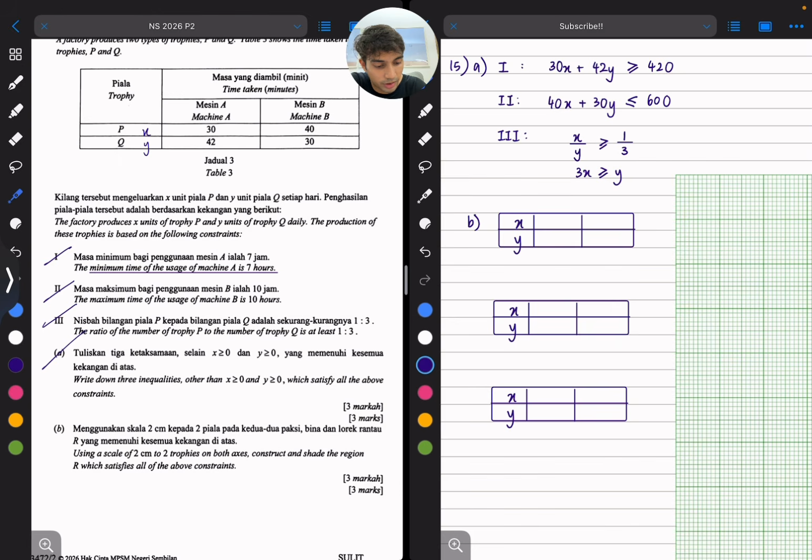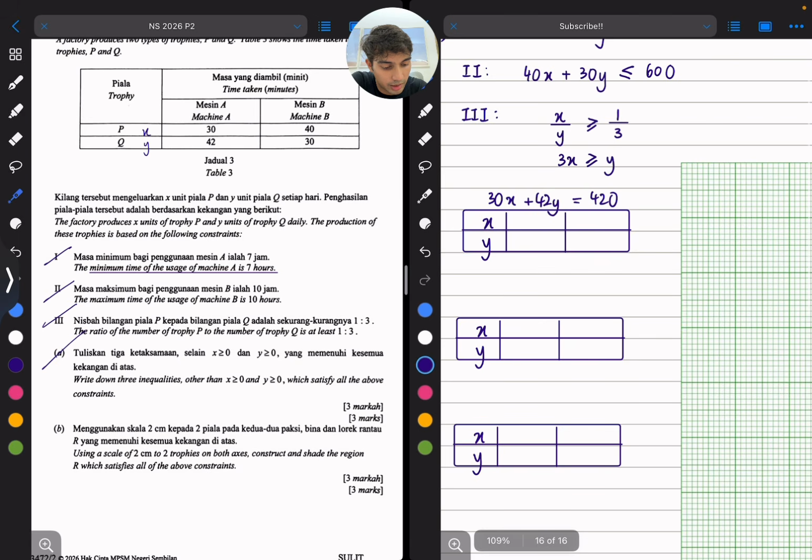So the first one is for the first equation. So we say 30x plus 42y equals 420. From here we try to make two coordinates. So when x is 0, this whole thing is 0.